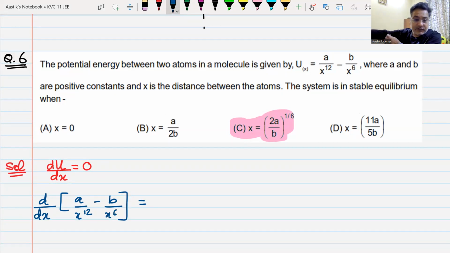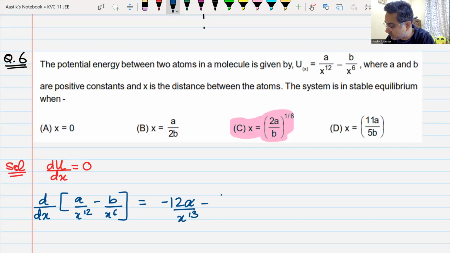What is the derivative of this? Minus 12 into a divided by x raised to the power 13 minus of minus 6 into b divided by x raised to the power 7. This has to be equated to 0.